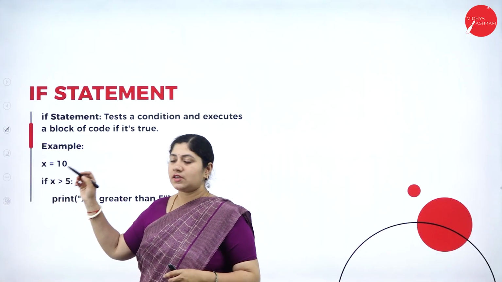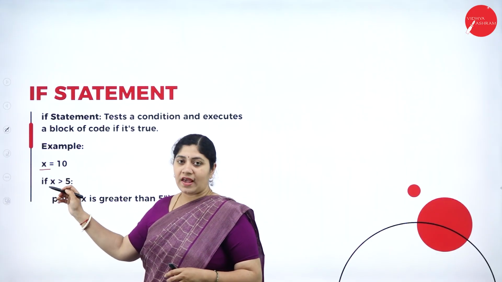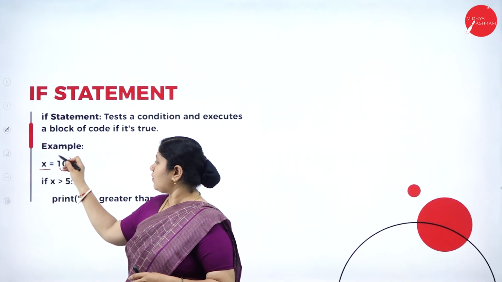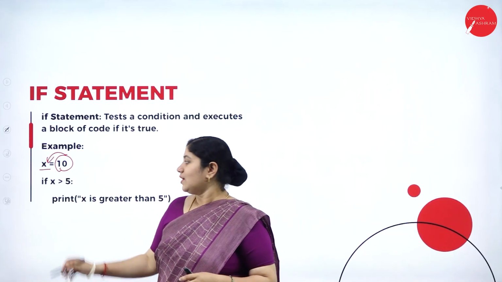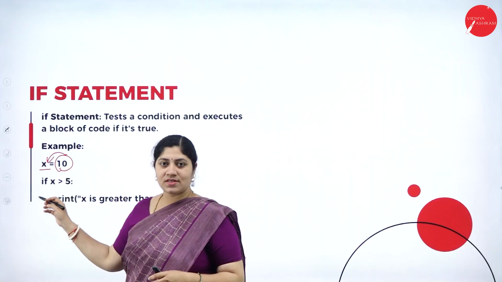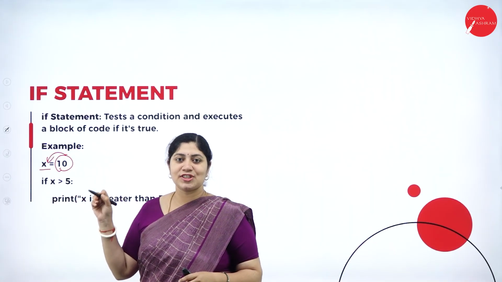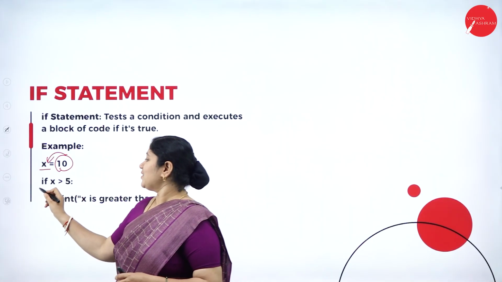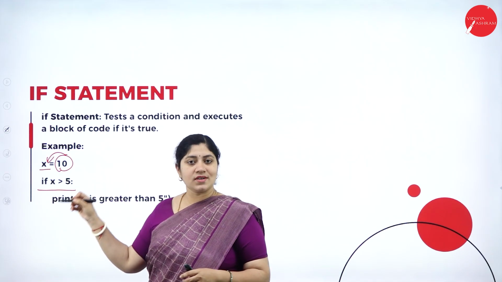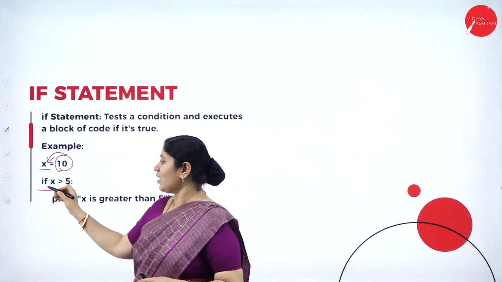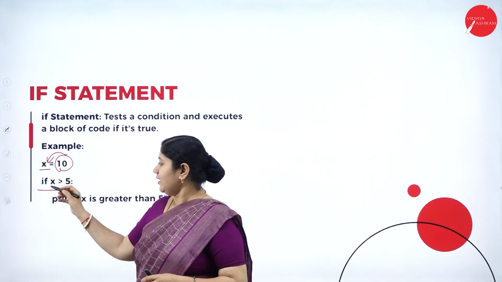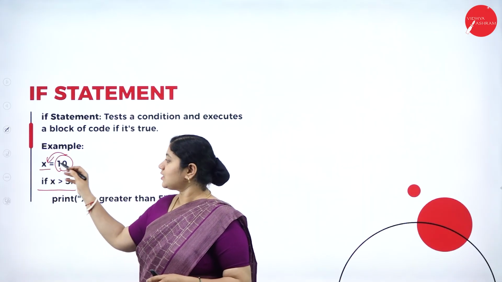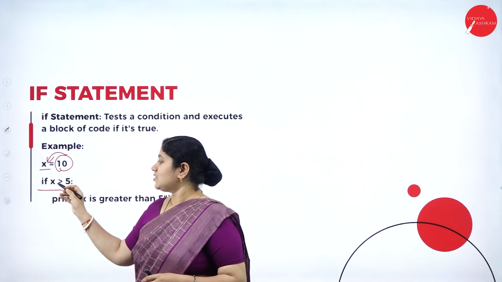We have considered a variable x wherein we are assigning a value of 10 into that variable. All right. Up next, we are writing a conditional statement. Please note, this if is a conditional statement. What is that condition? We are writing that if x is greater than 5, so this is our condition.